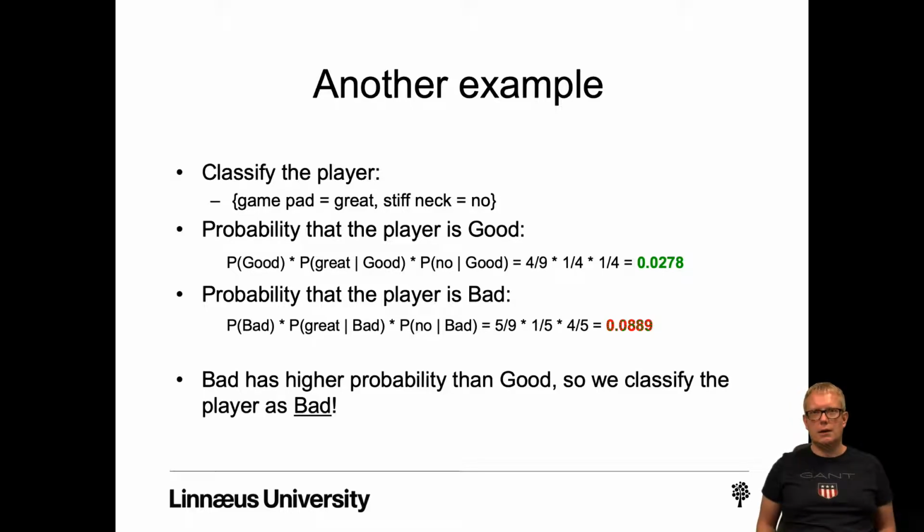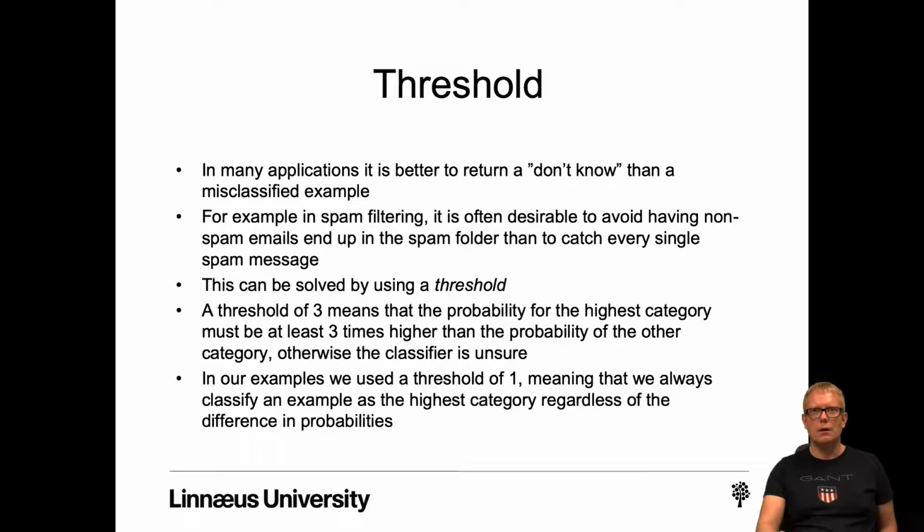And we can notice that the quality of a gamepad has very little impact on the classification of being good or bad. The stiff neck attribute has a much higher impact on the result. In many applications, it's better to return a don't know answer than a misclassified example.